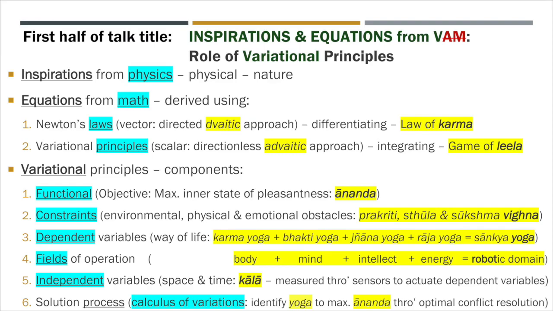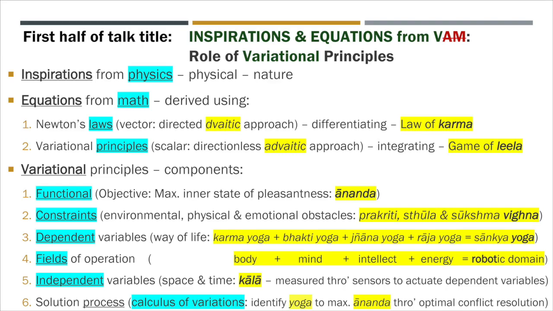It might sound very limiting, but actually it's a huge set of options that you have, and selecting the right option for you at that particular point of time, which could be different at a different point of time in life, is what the functional optimization is all about and variational principle is all about.